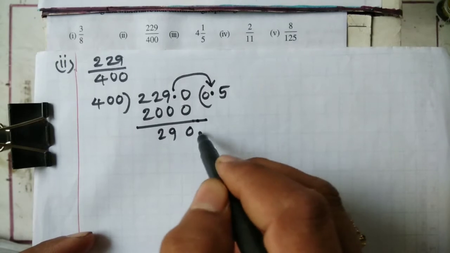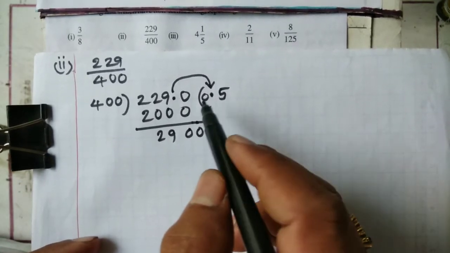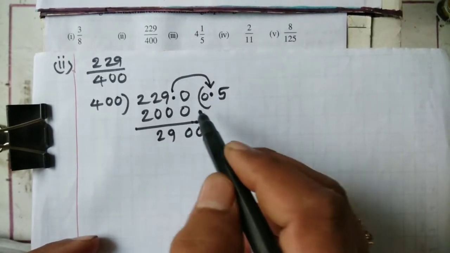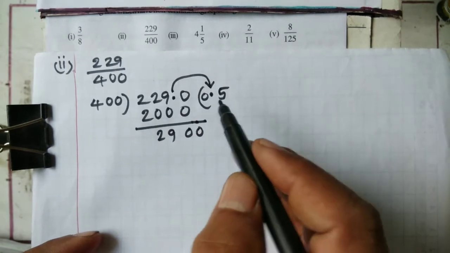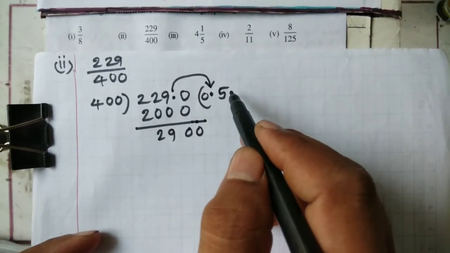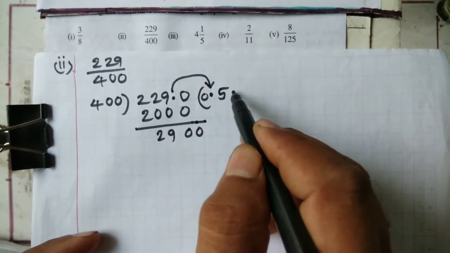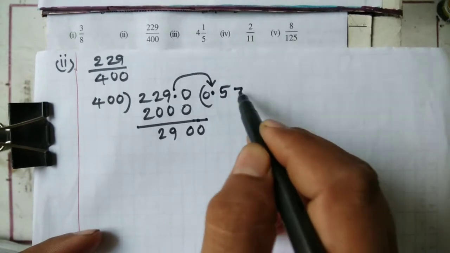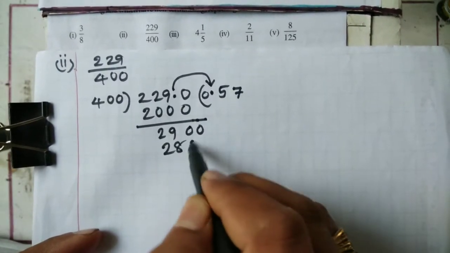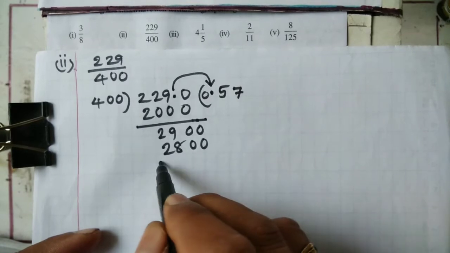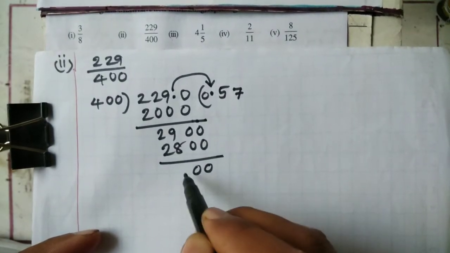Now we can bring down 1 0 because this is a decimal number. 4 7s are 28, 2800, 0 0.